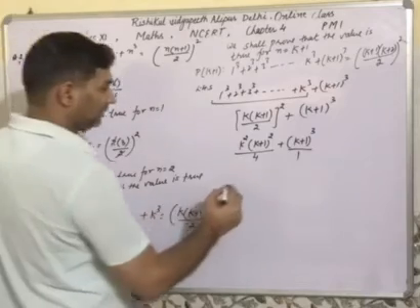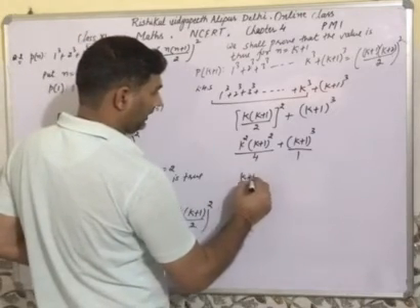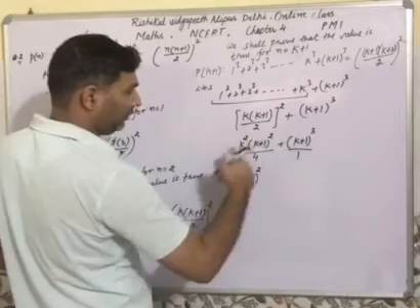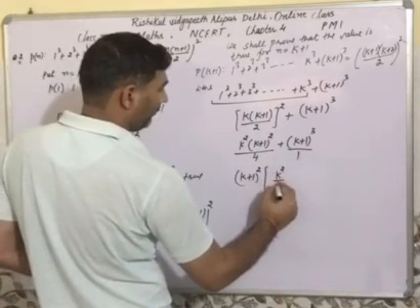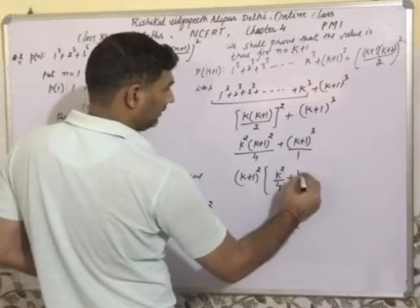This k plus 1 whole square is the common term of both, then this k square upon 4 plus k plus 1.